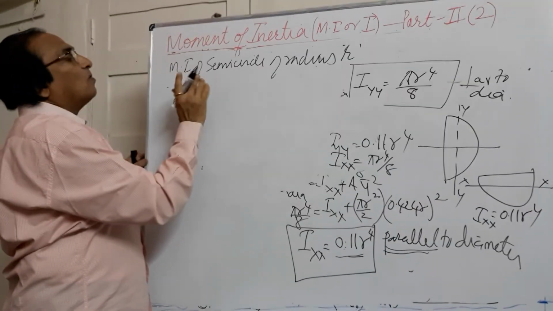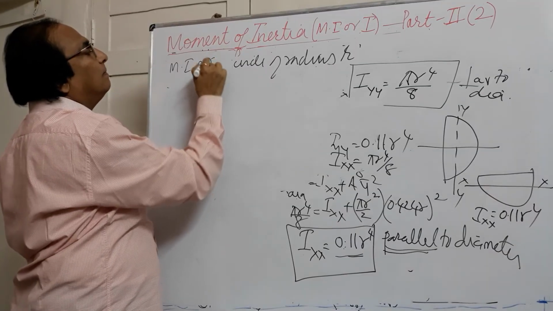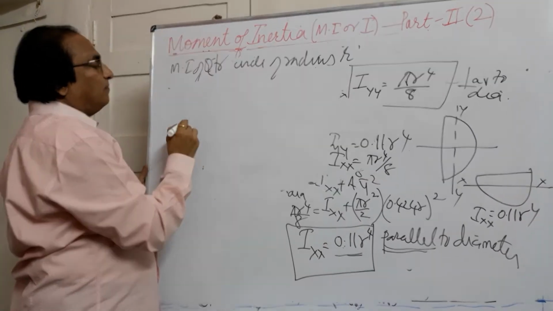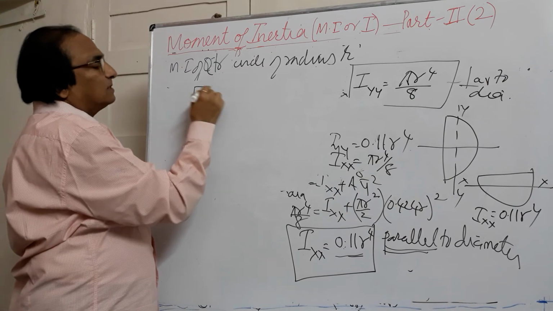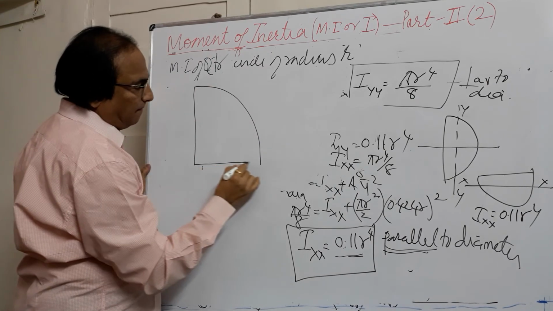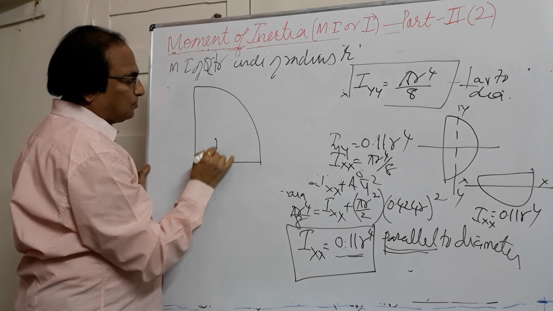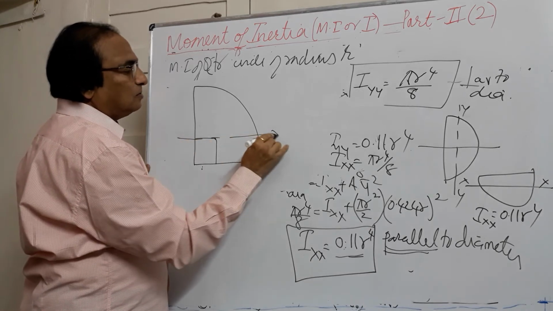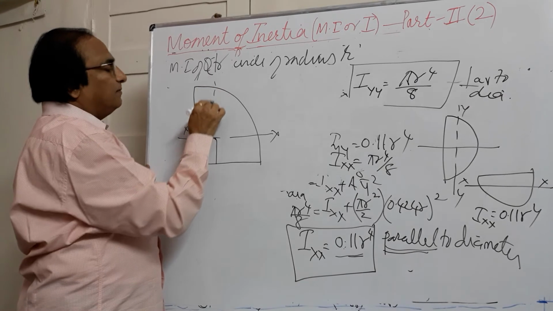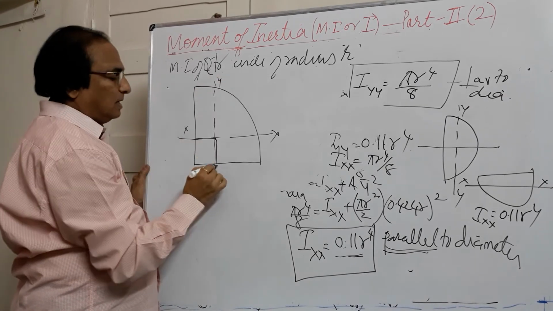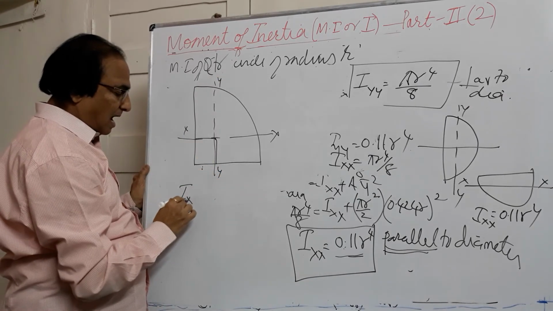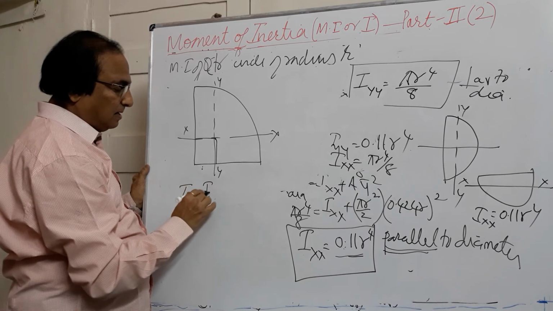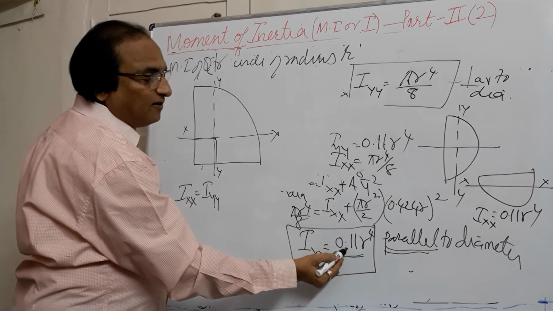If I go for a quarter circle of radius r, the centroid we know is 0.424 r, 0.424 r. If I draw a horizontal line through this, that is xx, and a vertical line, so in this case Ixx and Iyy are given by half of 0.11.